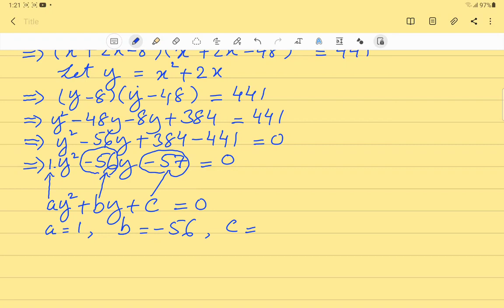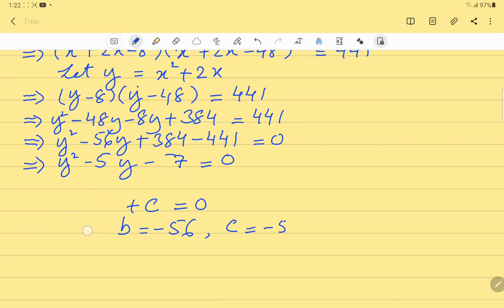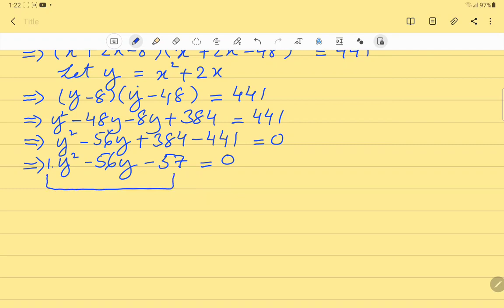No problem, let's go back and we will do it with the factorization, because this will be a lengthier procedure in this case. So let's do it with factorization. It is y squared minus 56y minus 57. Okay, now since y squared's coefficient is 1, we will multiply these two.